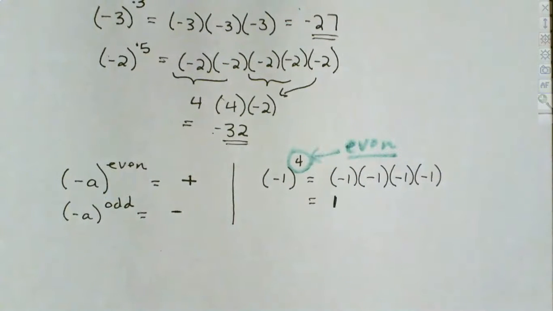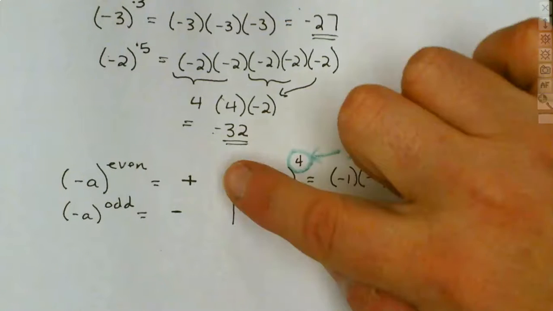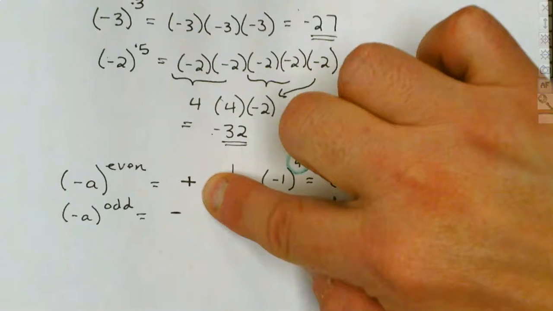Okay, so since that was an even number, it came out to be positive. So whenever we work with negative numbers, we can either write it out like we did here, or we can use our rules and look at whether it's an even or odd.